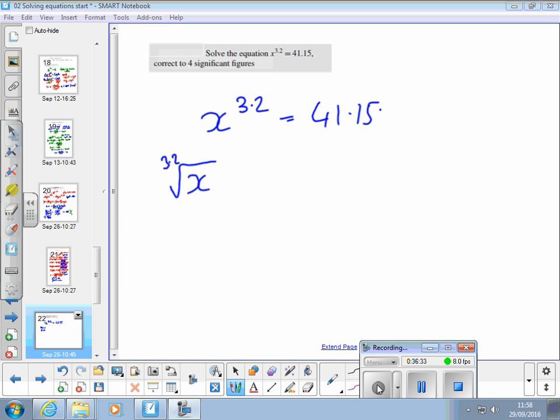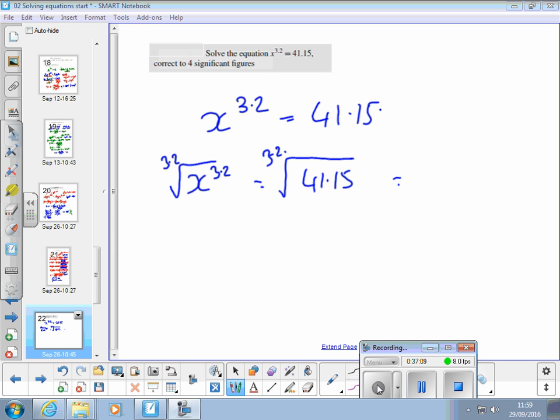The other side, you take the 3.2 root of 41.15. Okay. What you're doing is saying they cancel each other out, and the answer is the 3.2 root of 41.15. Okay. The intention was that you apply the laws of logarithms.